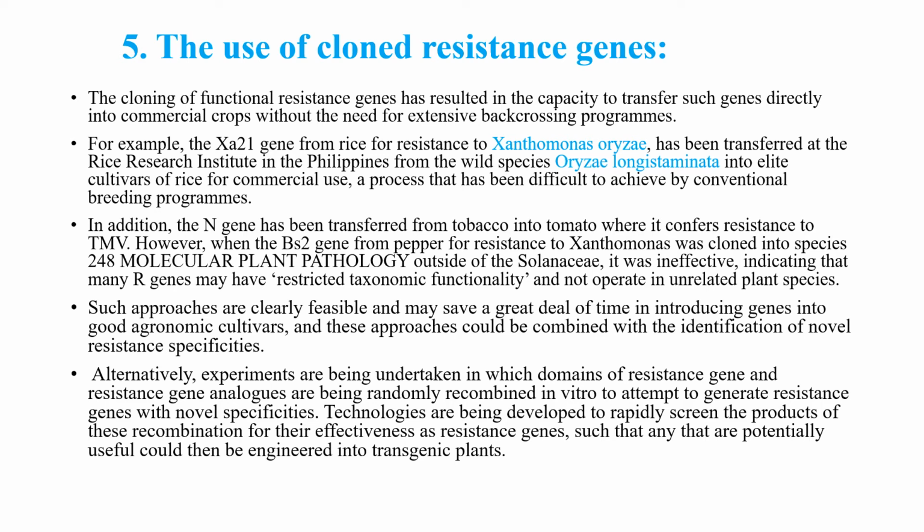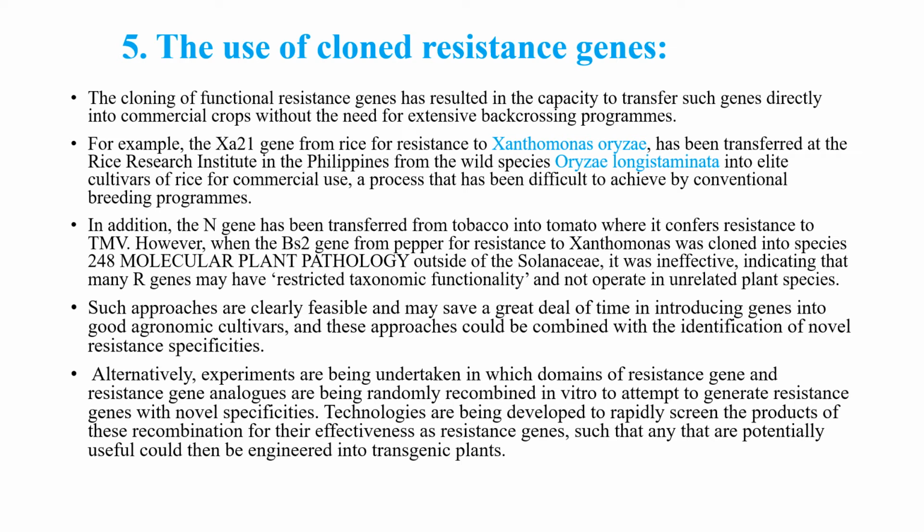For example, the Xa21 gene, which gives resistance to Xanthomonas oryzae, has been transferred at the research institution in the Philippines from the species Oryza longistaminata into elite cultivars of rice for commercial use, a process that has been difficult to achieve by conventional breeding.